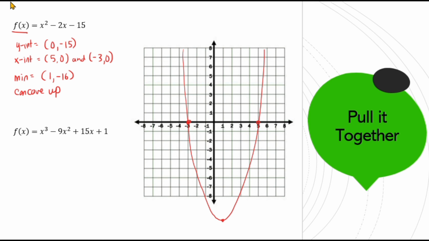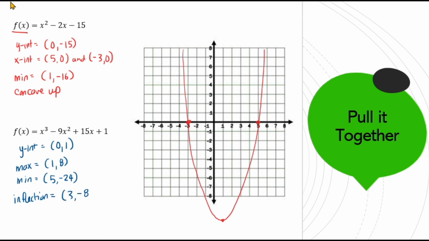When we looked into our second equation, the cubic, we found from the function the y-intercept only. But we went to the first derivative and we found that we had a maximum at 1, 8, and we had a minimum at 5, negative 24, and that we had an inflection point at 3, negative 8.